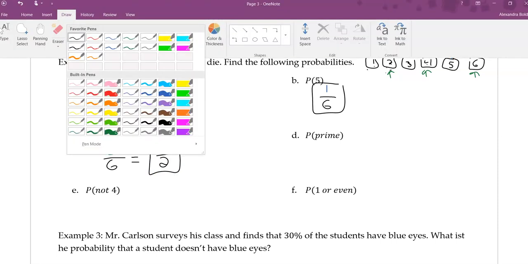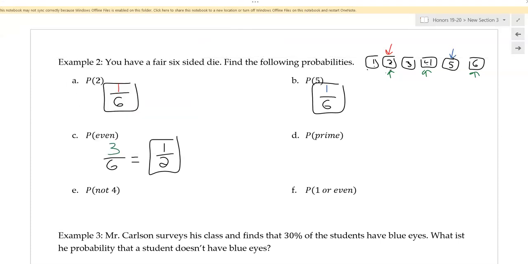Probability of prime. Prime means nothing divides into it. 1 is not prime. Okay. 2 is, right, it's a special case. The number is only divisible by 1 and itself, so it only has 2 factors. 1 only has 1 factor.